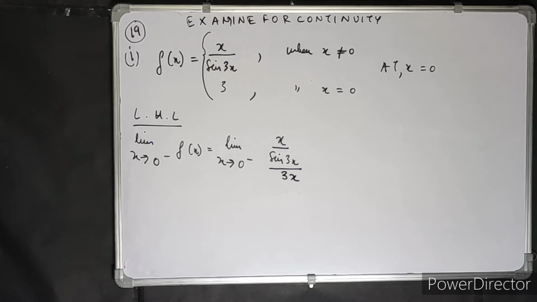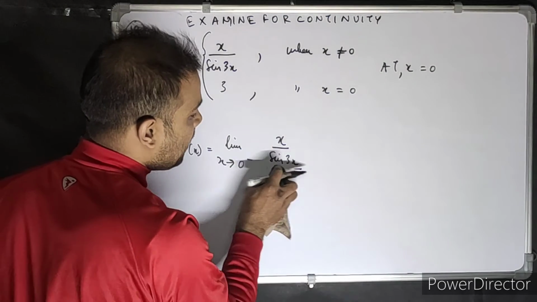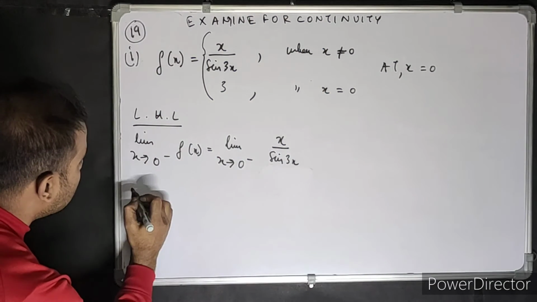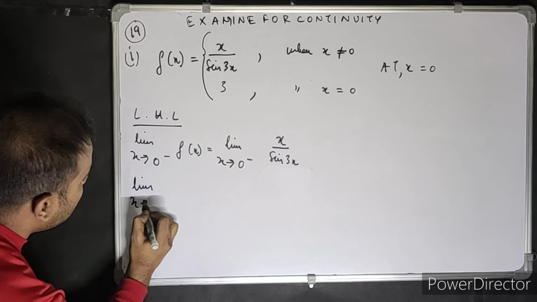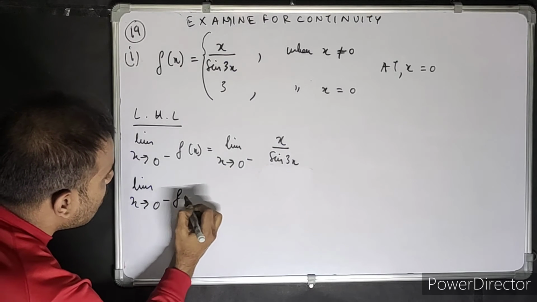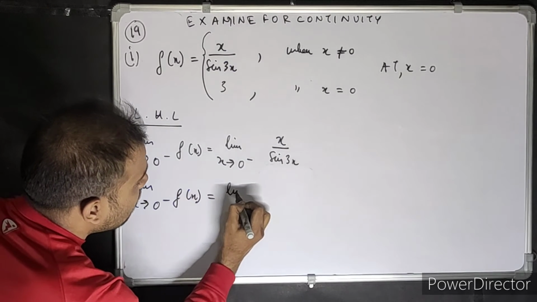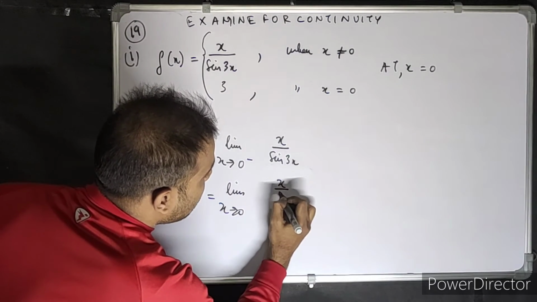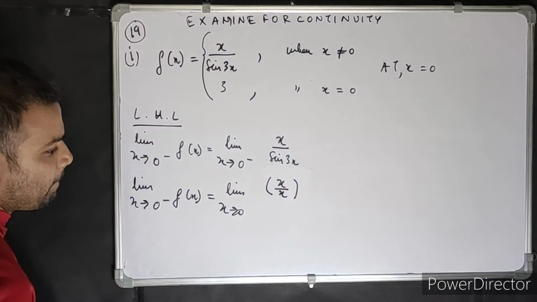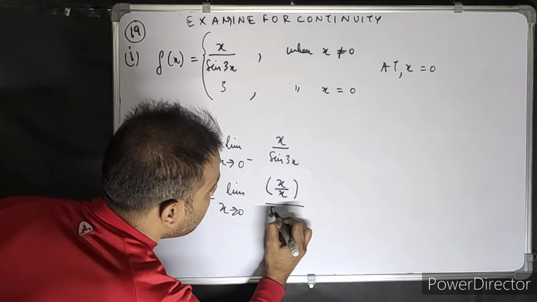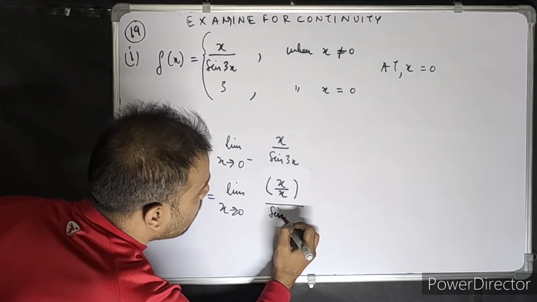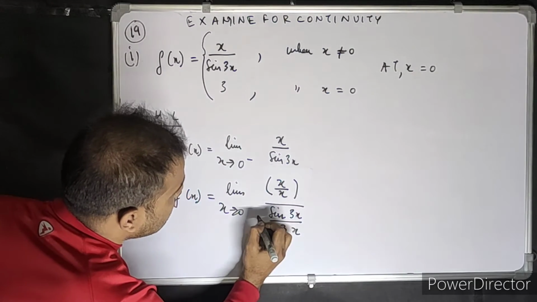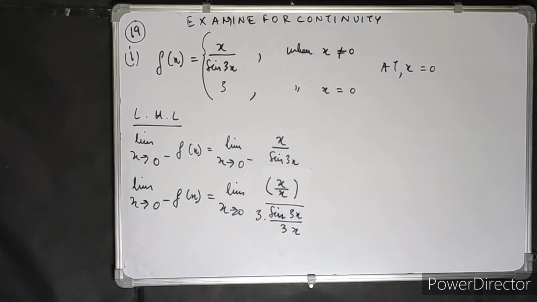Let's do that in one more line, over here. Limit x tends to 0, f of x is equal to limit x tends to 0, (x by x), whole thing divided by (sine 3x divided by 3x) into 3.